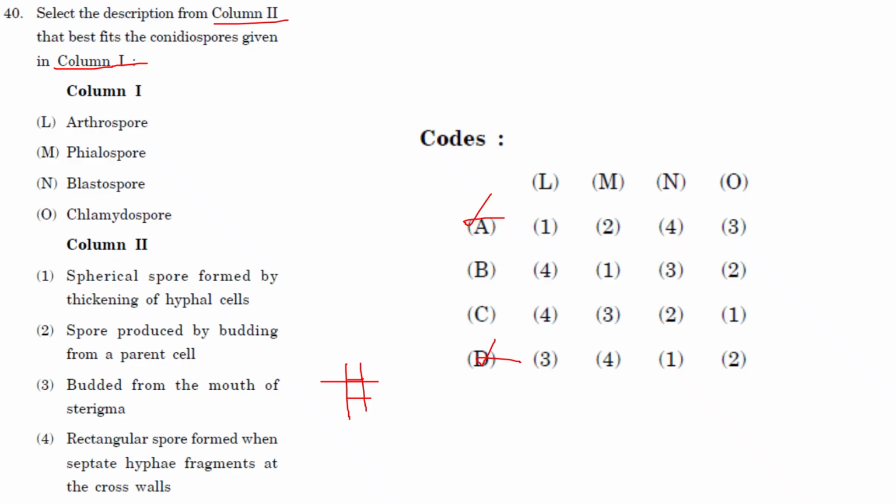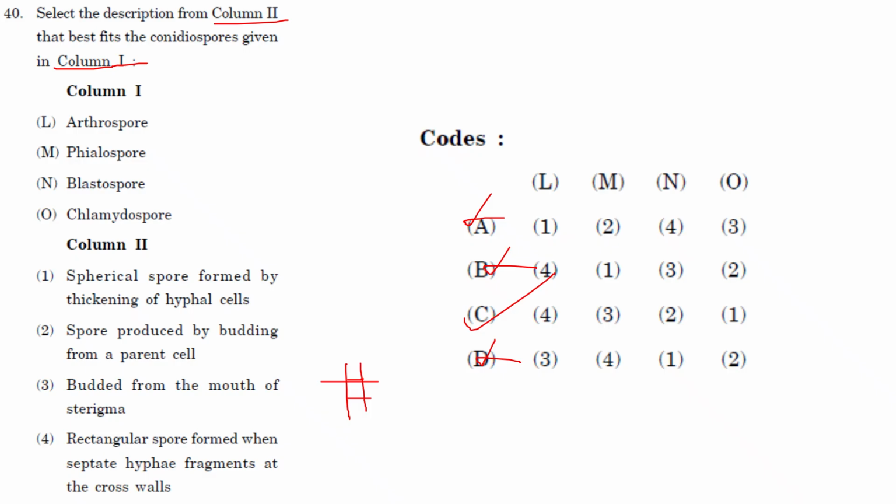Then phyllospore. Phyllospore is budded from the mouth of sterigma, that is in the case of fungi like Aspergillus, Penicillium, etc. So C will be the answer as per me, because M is 1 in B, which is eliminated. Then a blastospore, in case of yeast, Saccharomyces, is a spore produced by budding from a parent cell.